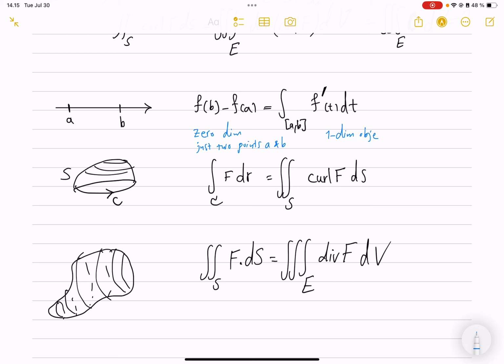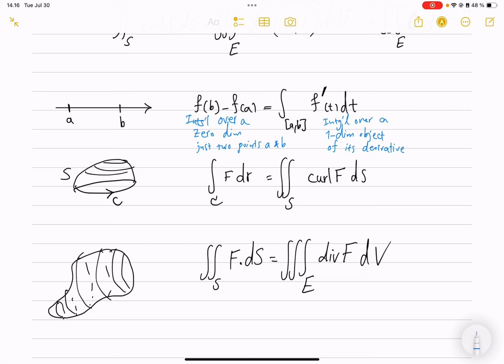So, let's make it simple: the integral over a zero-dimensional object of a function f is the same as the integral over a one-dimensional object of its derivative.